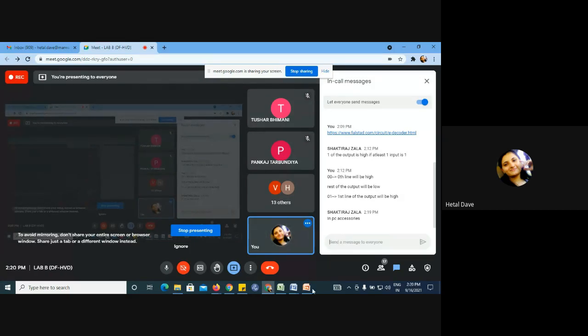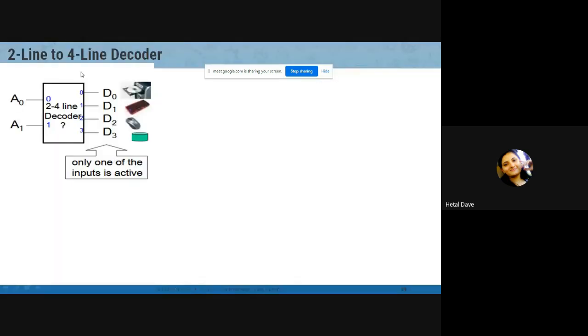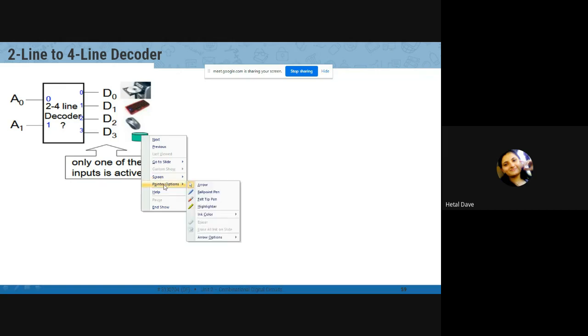So here, in this particular figure, 4 devices are there. One is a CD player, one is a keyboard, one is a mouse, and one is any other device.